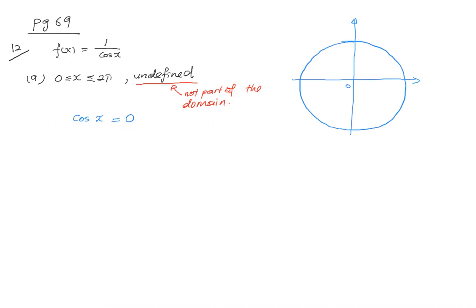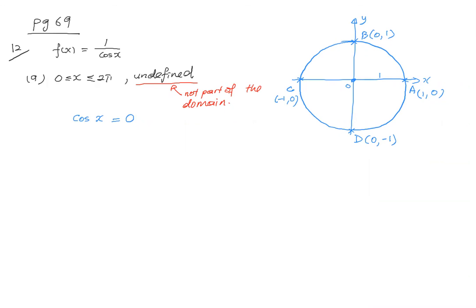What is the length of this radius? 1. Can someone tell me what is the coordinate for A? 1, 0. Coordinate for B? 0, 1. Coordinate for C? -1, 0. Coordinate for D? 0, -1.